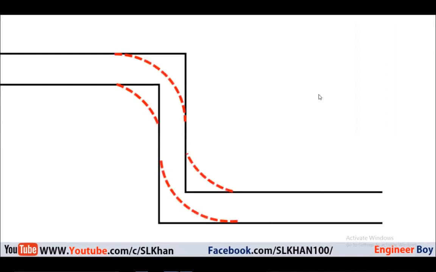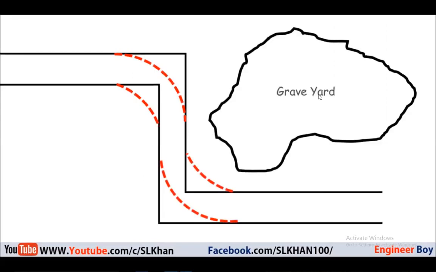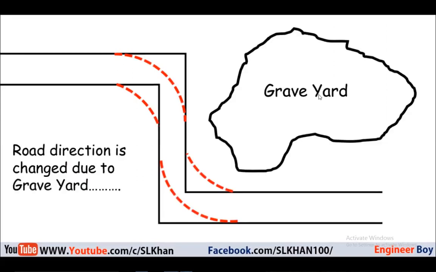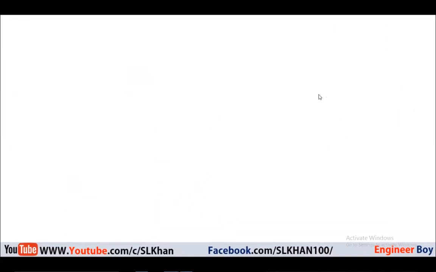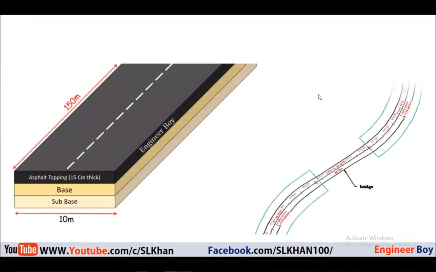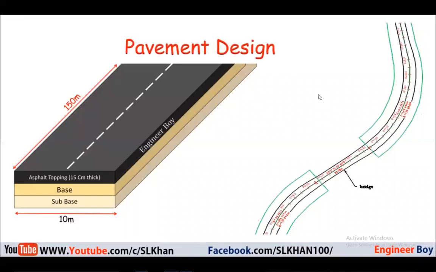Such situations may come when the road alignment passes through historical places or graveyards which cannot be destroyed for the purpose of road construction. Road or highway curves are serious in both pavement and geometric designs. Road curves are provided with a maximum speed limit that should be followed very strictly.